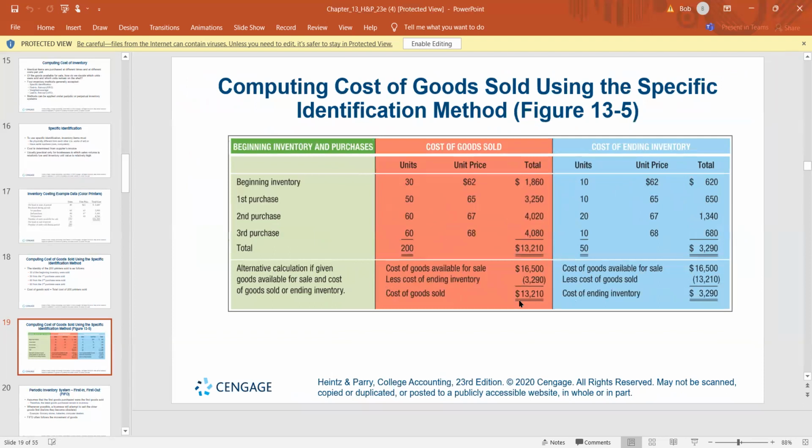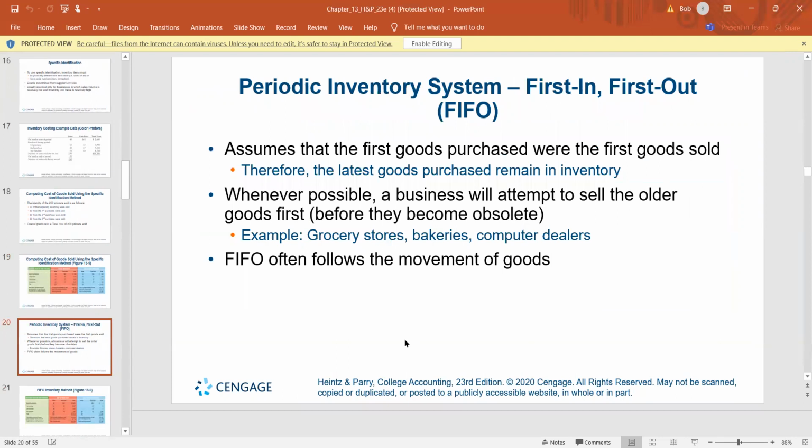Let's get away from specific ID. Okay, here is a method that is used by, I don't know if I want to say a majority of companies, but certainly a plurality. Many companies use what's called the FIFO method. FIFO, first in, first out.